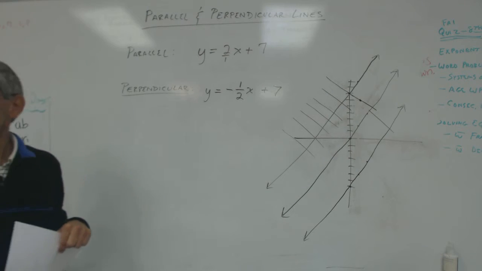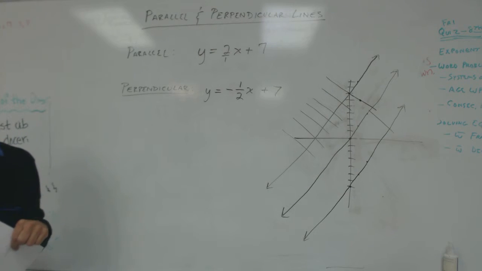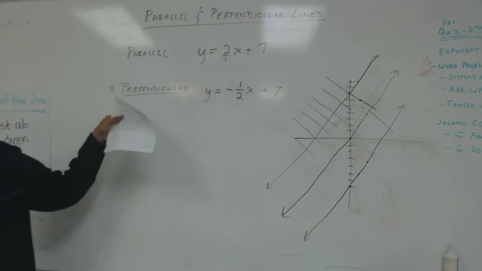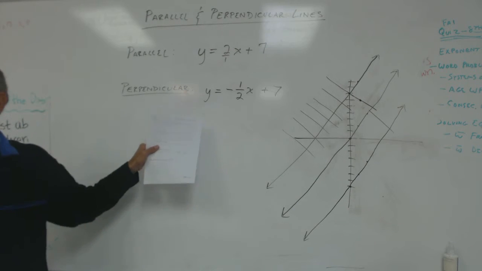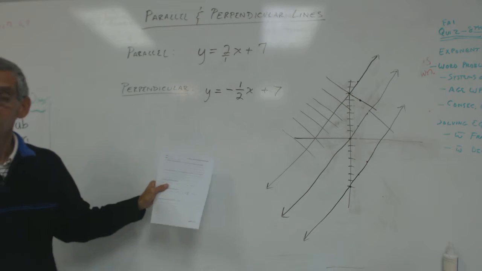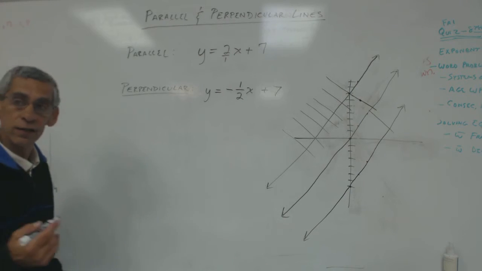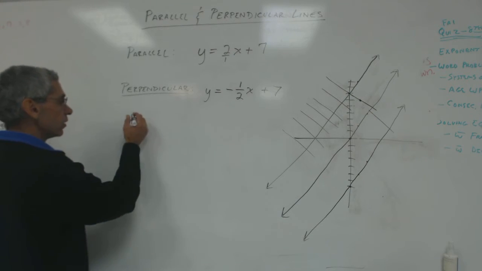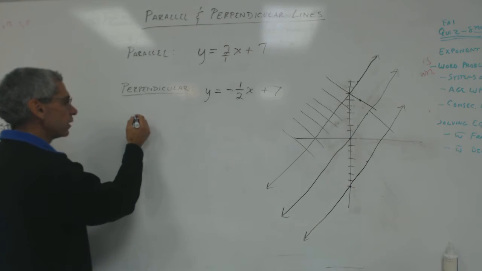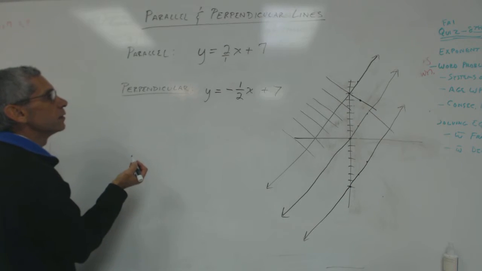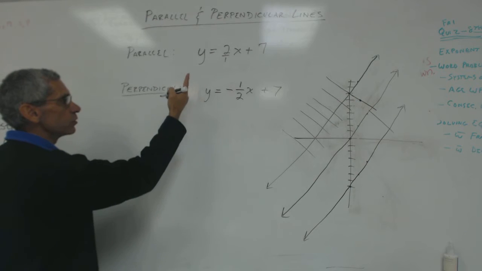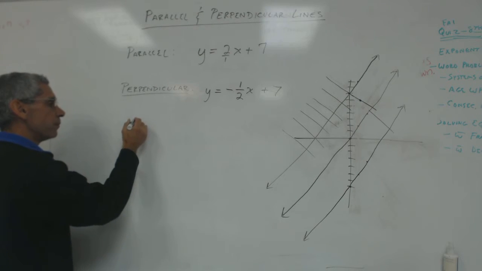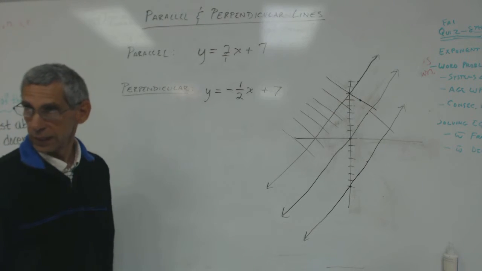What did I do to the slope, Cassie? You did the reciprocal of the two. Okay, and I changed the sign. I made it negative. If it was already negative, I'd have to change the sign to positive, right? So basically, the way you word this, the original slope and the perpendicular slope, how do you say that in English?